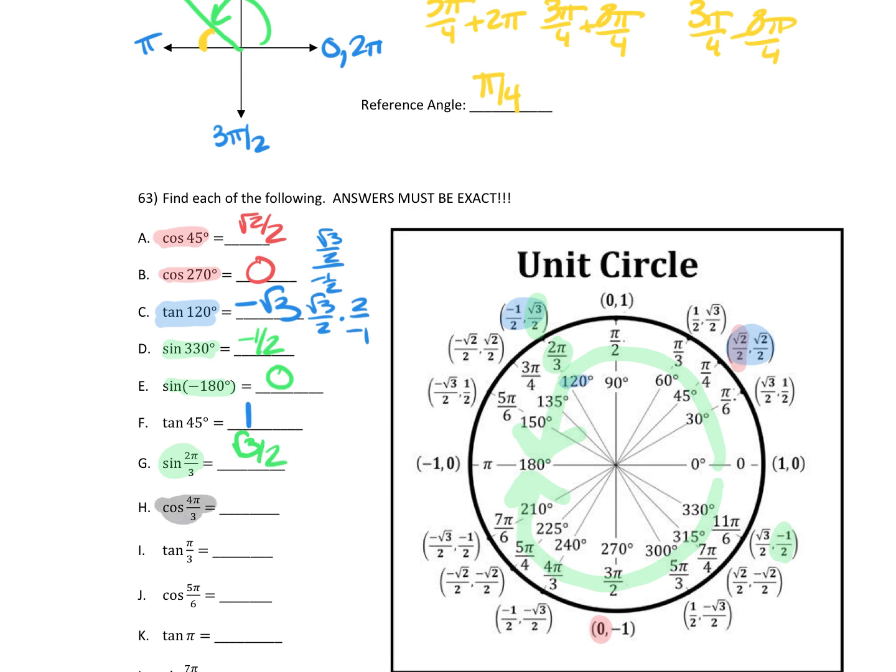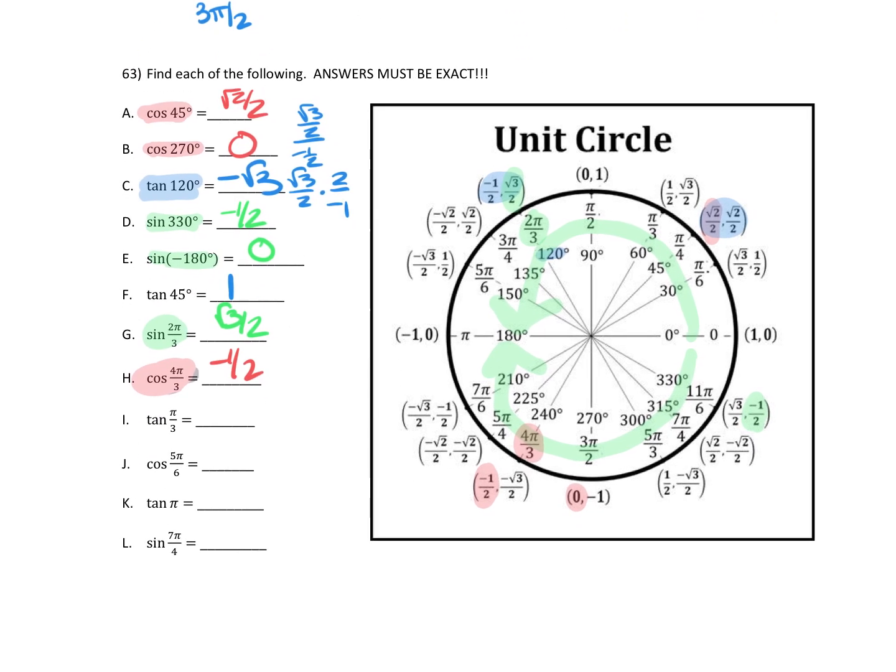Cosine at 4 pi over 3, so here's 4 pi over 3, cosine would be x. Tangent at pi over 3, so again, y over x. So y over x means y times the reciprocal of x, which is root 3.